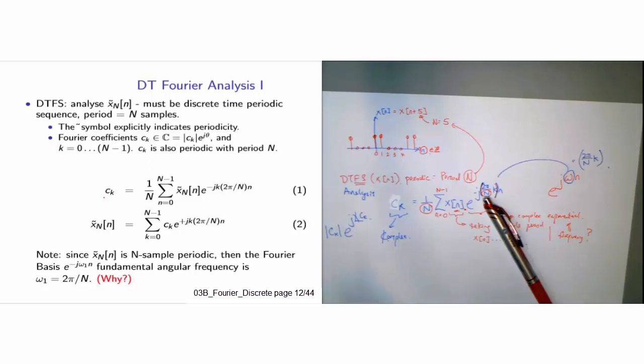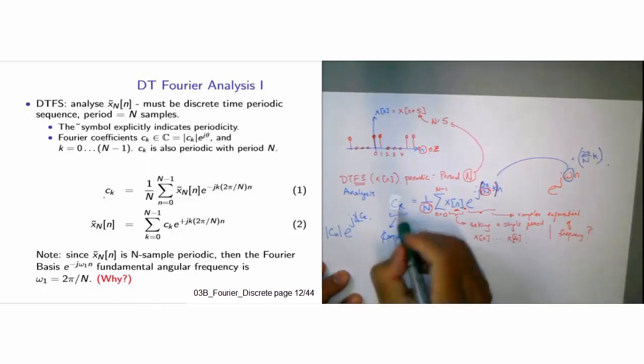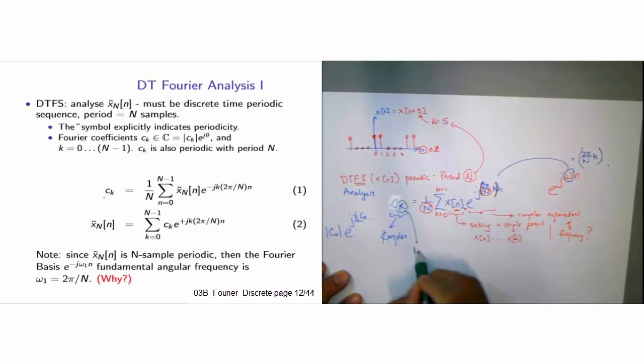Okay? So once we have found all the Ck's, then we can reconstruct. Now, Ck's are interesting, because most of the time you think that k is 0, 1, 2, 3, and of course you have also realized in the continuous time Fourier analysis that k can also be -1, -2, -3.